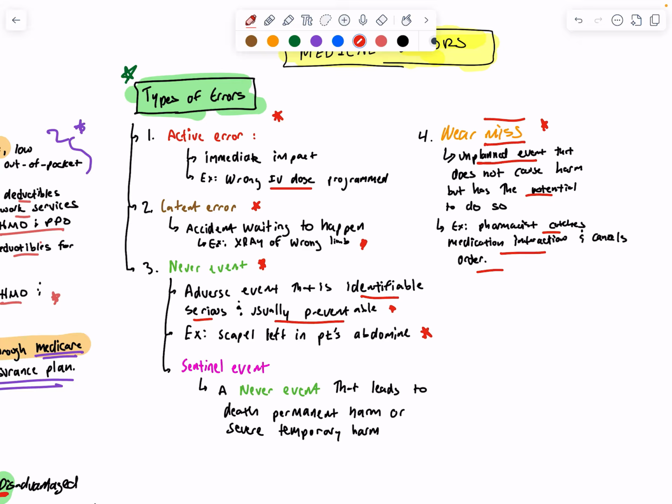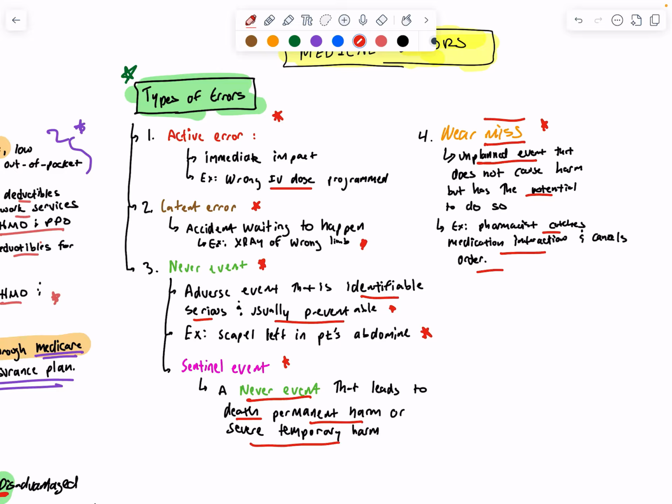So scalpel left in the patient's abdomen after surgery. And then a subtype of never event is a sentinel event, which is a never event, so identifiably serious, usually preventable, that has caused death, permanent harm, or severe temporary harm. All right.